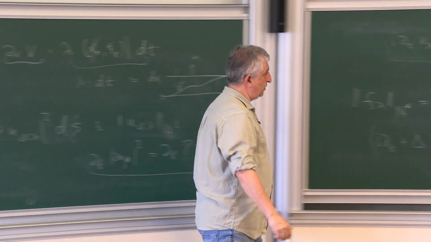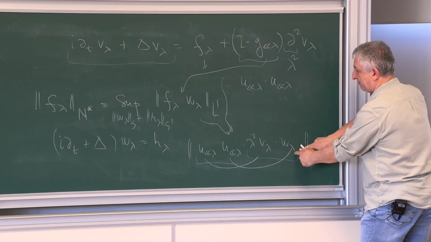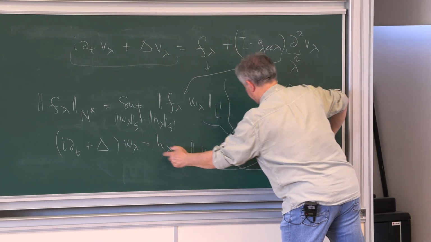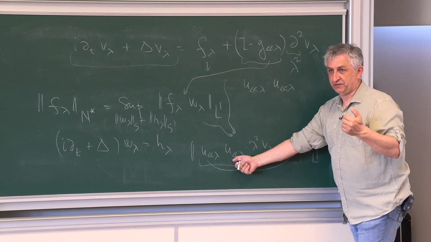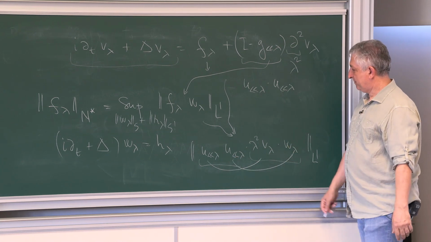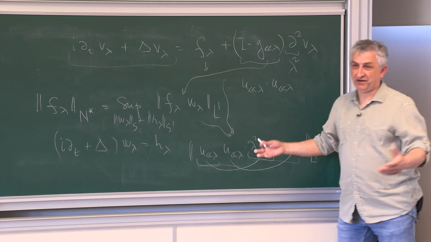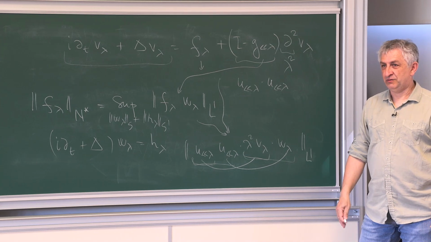And that's what happens when I test u less than lambda against w lambda, right? Because w lambda moves along the constant coefficient Schrodinger flow. U less than lambda moves along the variable coefficient Schrodinger flow. Okay? Here, this guy and this guy are closer friends, if you want. They both move according to the paradifferential flow.